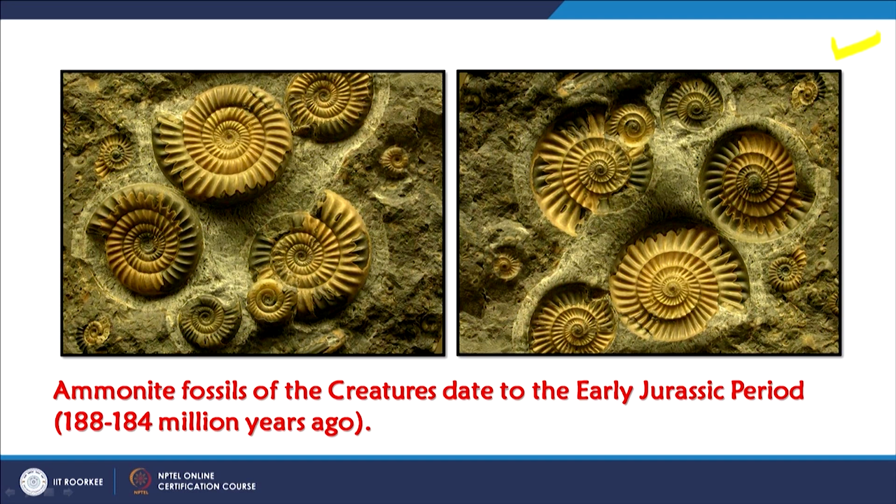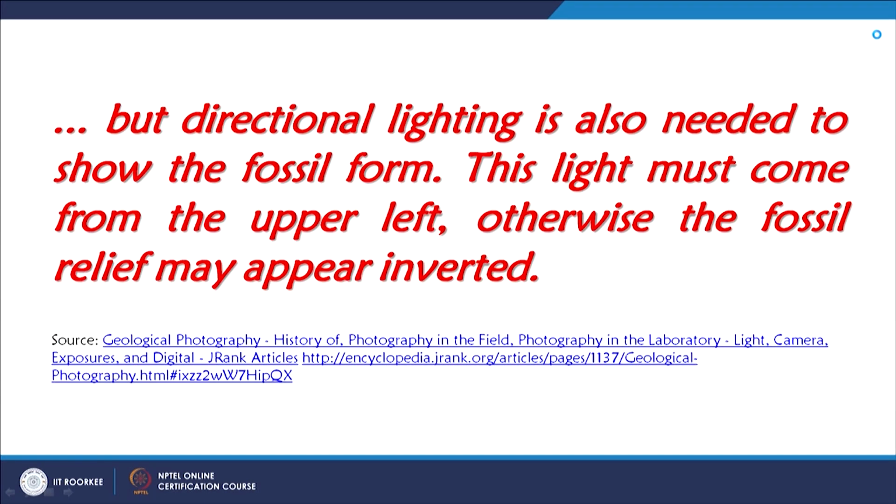And therefore, in the books of paleontology, it is mentioned that the direction of light when the photograph is being taken must be kept from the upper left, that means from the northwest direction. So this is what it writes, that directional lighting is also needed to show the fossil form. So in the two examples of trilobites and ammonites which we have seen, the light must come from the upper left. There is a direct acknowledgement that when the illumination source is in the opposite hemisphere, then we will see a correct perception.